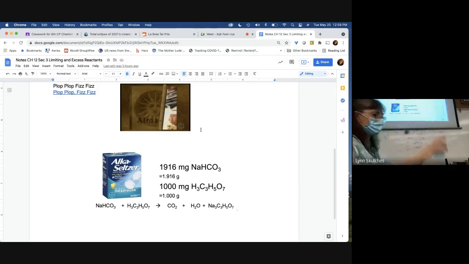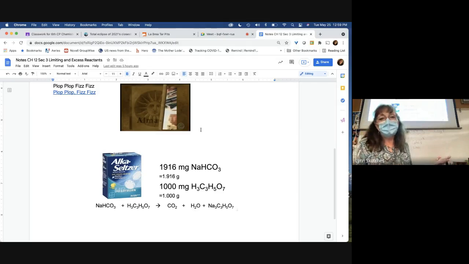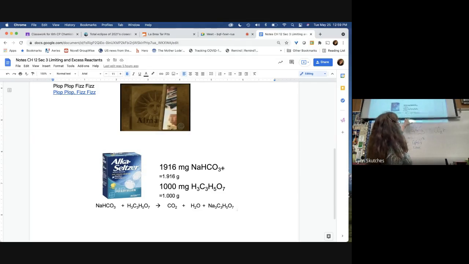So there's a whole reaction that we've done before to practice limiting and excess reactants. There's a certain amount of CO2 that should form based on how much baking soda is in here. So let's see if we can balance this equation. All right, you have the equation written on your paper. I'll finish writing it.